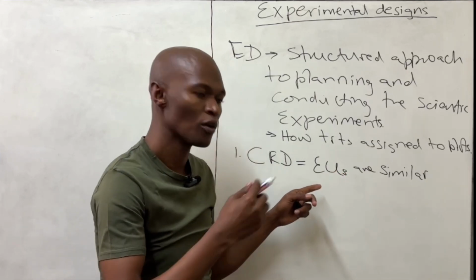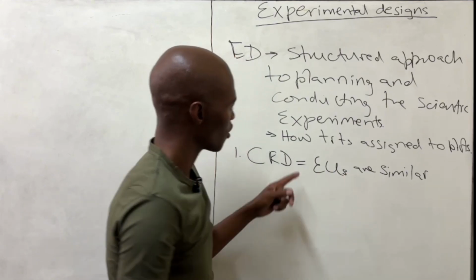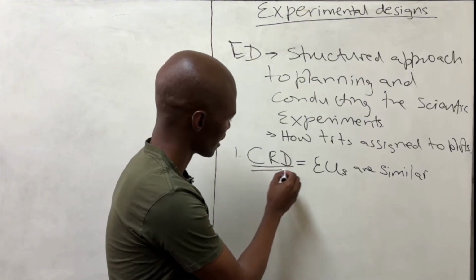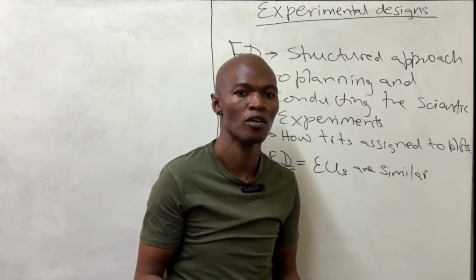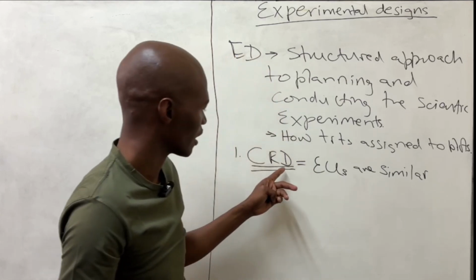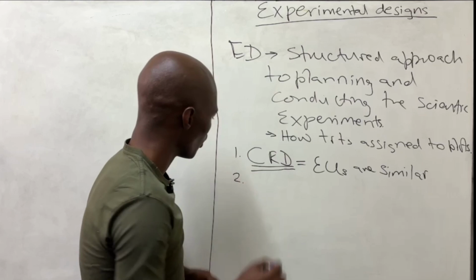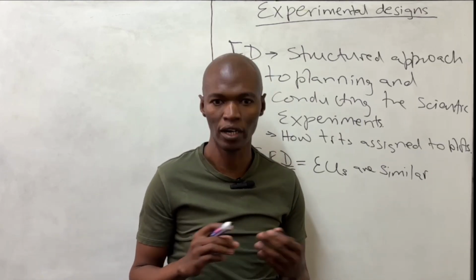That's where we apply our treatments. If your experimental units are similar, you are going to apply the completely randomized design. For example, if your plots where you are going to plant are similar, you are going to select this CRD design.